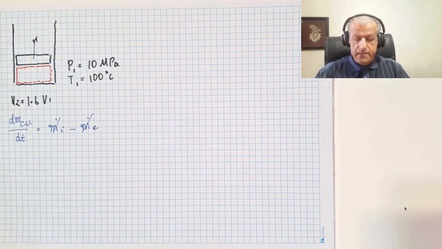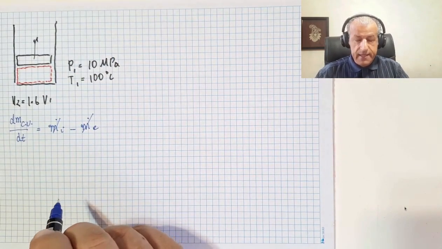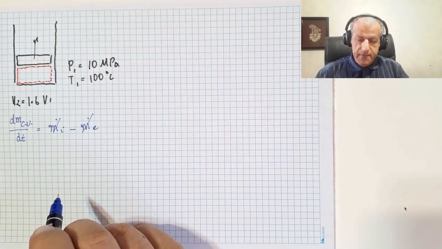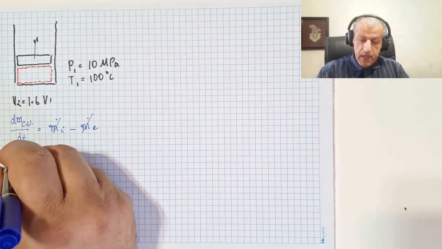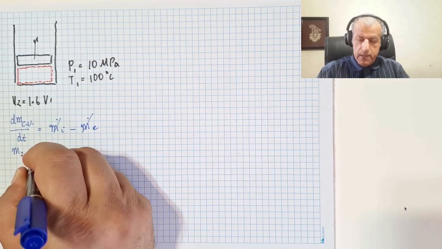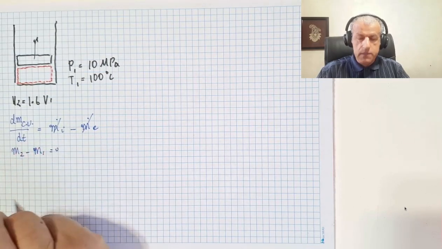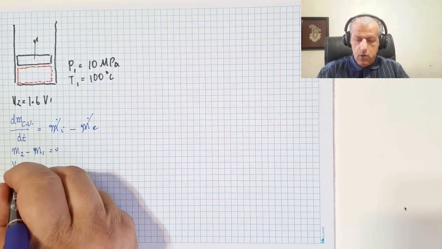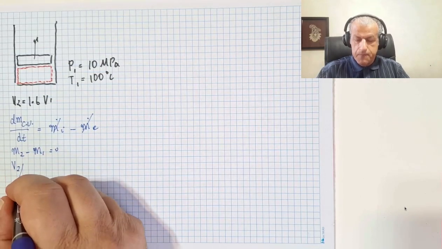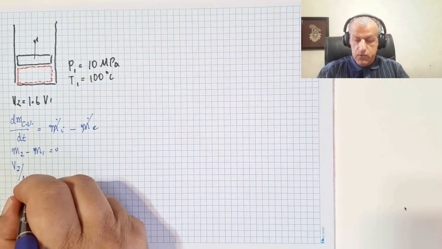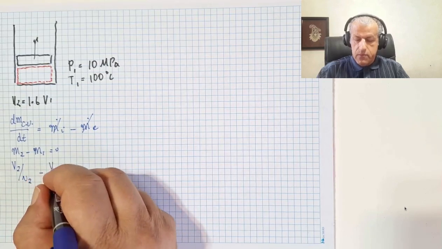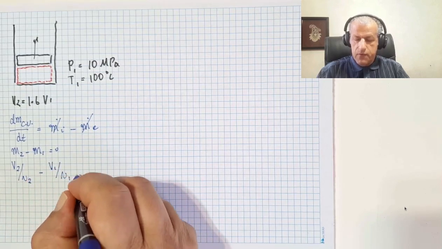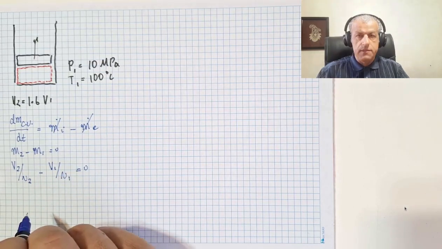This is our system, and therefore m2 minus m1 equals 0, so V2 over v2 minus V1 over v1 equals 0.